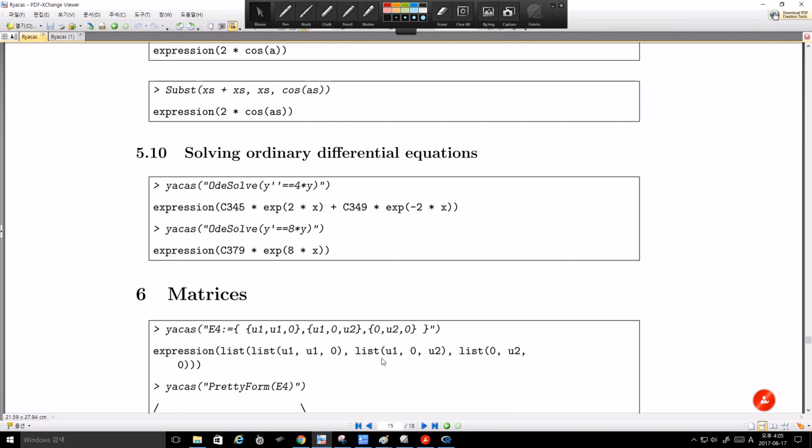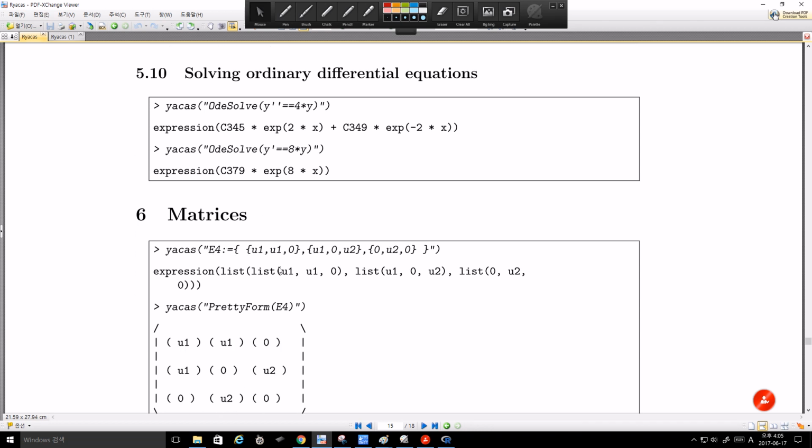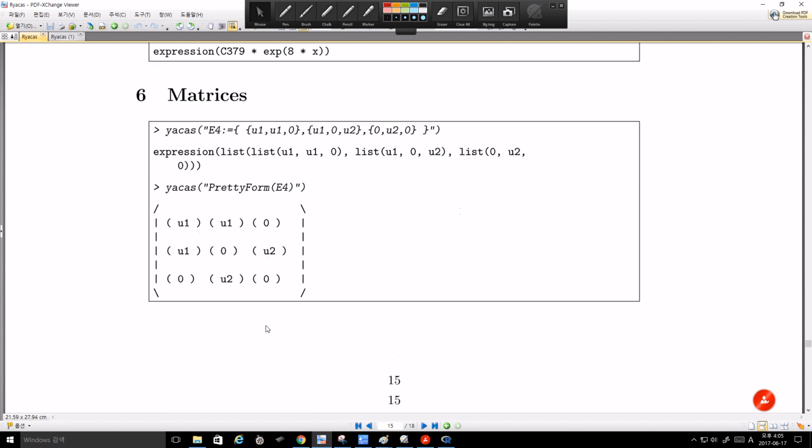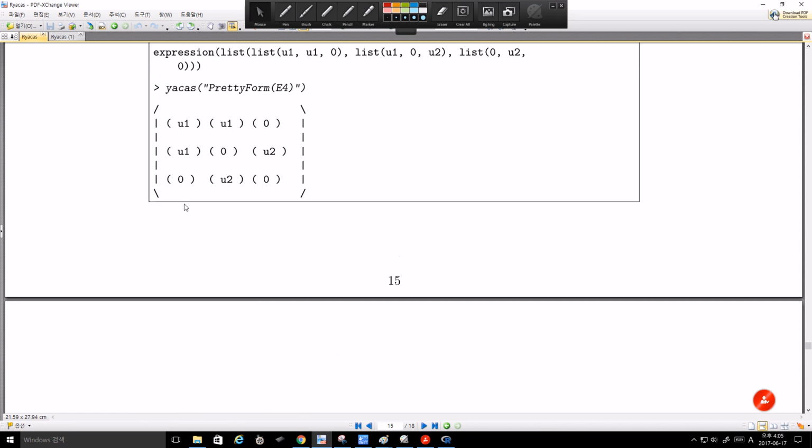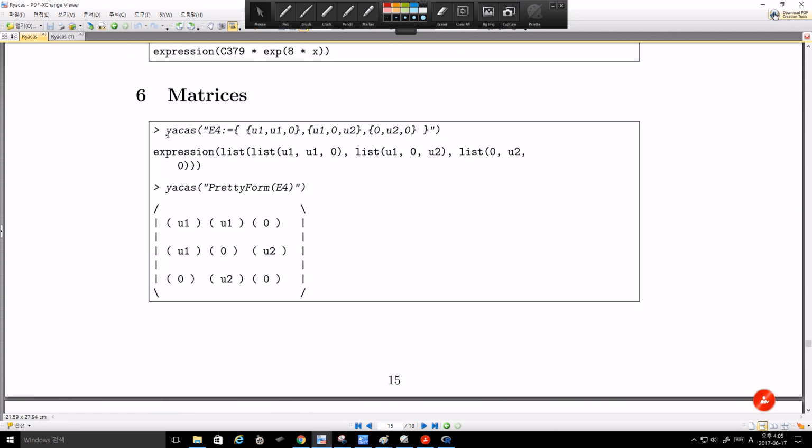And then matrix, you can do matrix, right? We can define a matrix, and then we can see the pretty form looks like this. And inverse, we can calculate the inverse matrix. Inverse looks like this. Let's try, well, Ryacas.